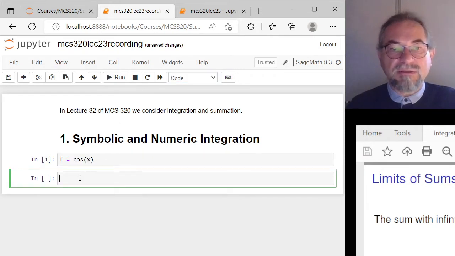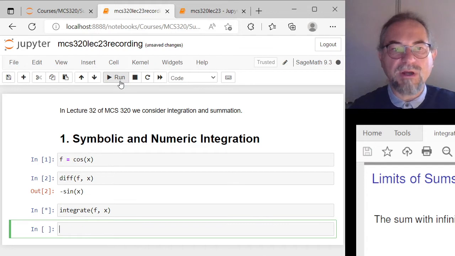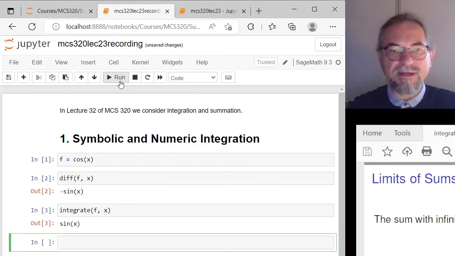So I can ask for the derivative of this expression, and I can ask for the antiderivative, either the integral or I can use integrate.